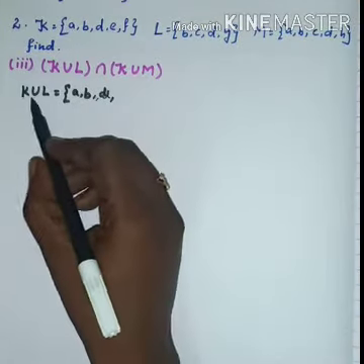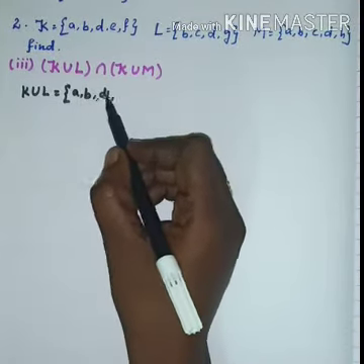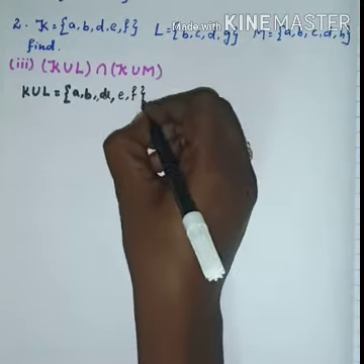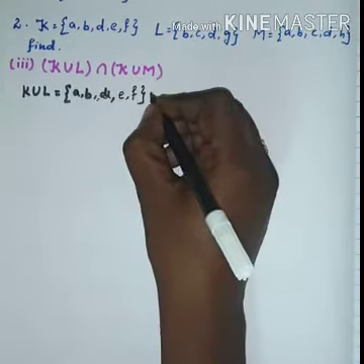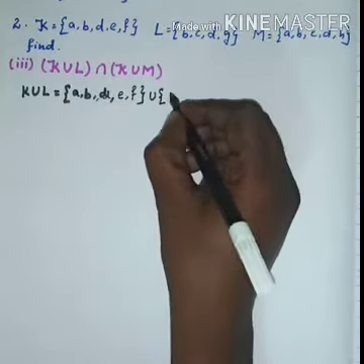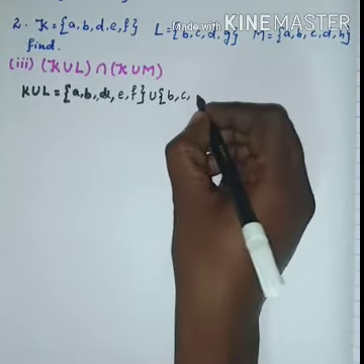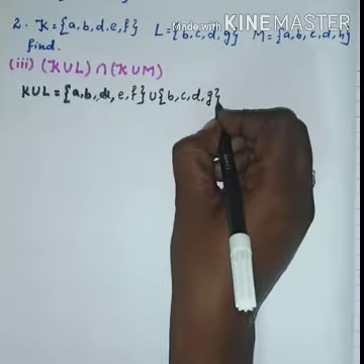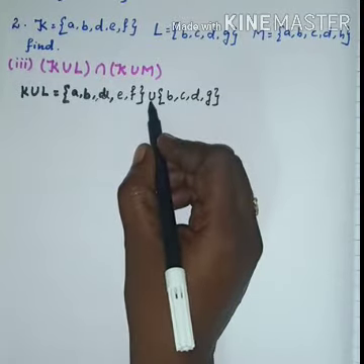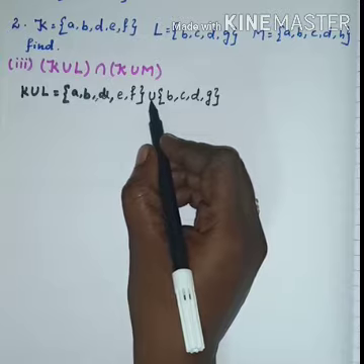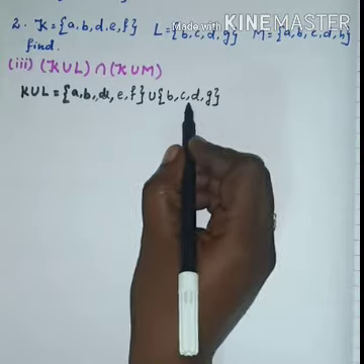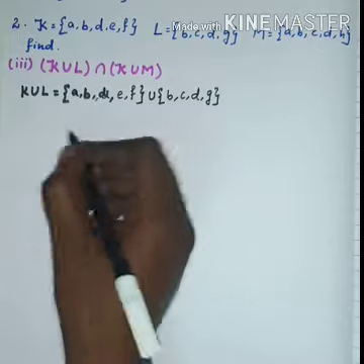The elements of K are A comma B comma D comma E comma F, and then put the union symbol here. And what are the elements of L? L is nothing but B comma C comma D comma G. So in between the sets we have the union symbol here. What is meant by union? We have to combine these two sets' elements together.